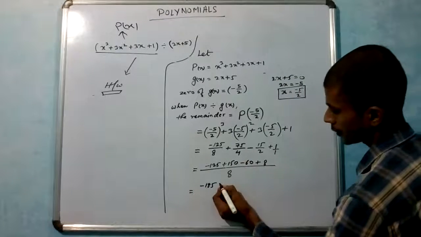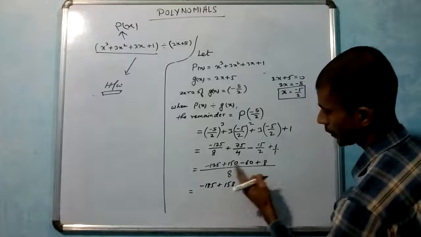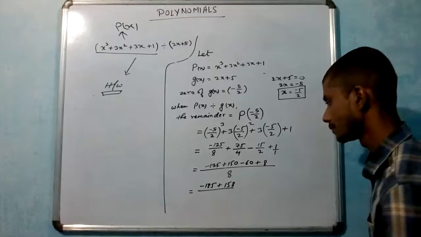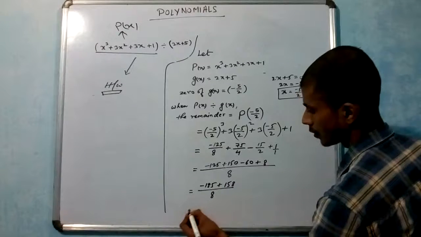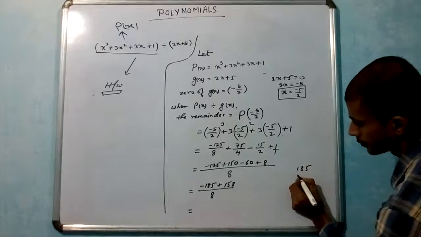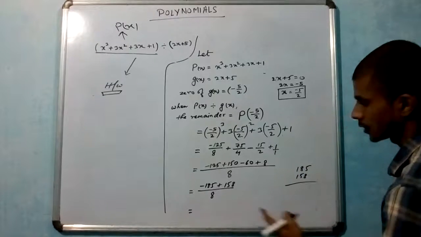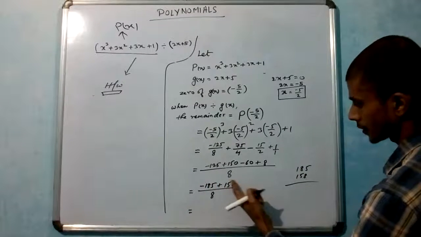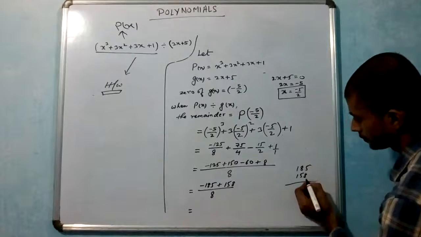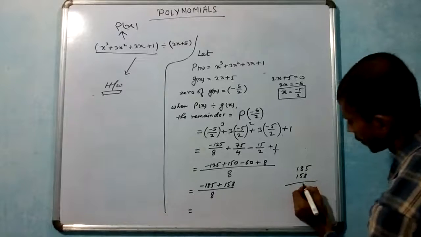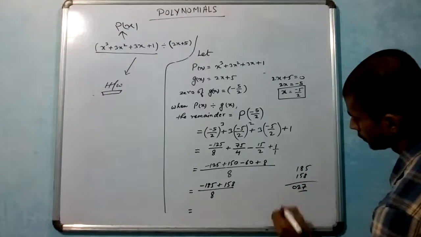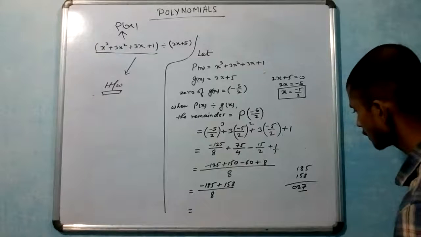And this plus 158, 150 plus 8, 158, by 8. Next, find the difference. Minus sign, plus sign, difference, and use the greater number's sign. So 15 minus 8, how much? 7. 7 minus 5, 2, 0. Isn't it?